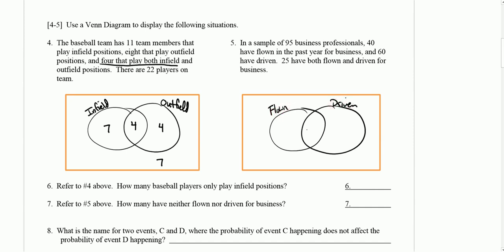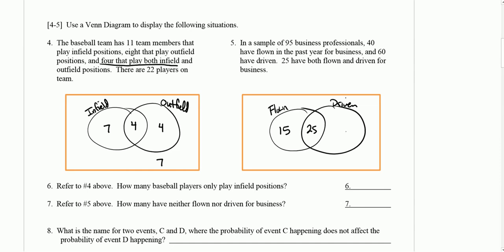Start with the intersection. 25 have both flown and driven for business. 95 professionals total. 40 have flown. So 40 minus 25 is 15. So 15 have only flown, 25 have flown and driven. That adds up to your 40.